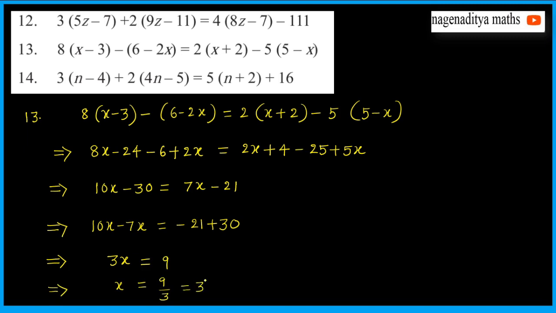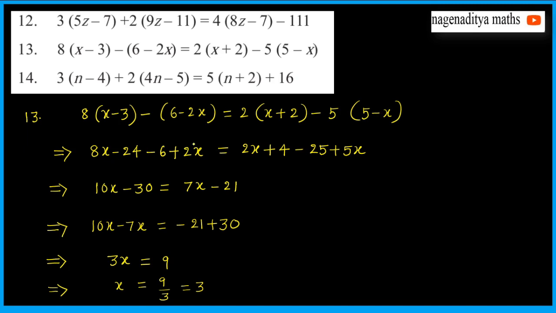Okay. So 8 times x minus 3 minus 6 minus 2x is equal to 2 times x plus 2 minus 5 times 5 minus x. So 8 into x, 8x, 8 3s are 24, minus 6, plus 2x, is equal to 2x, 2 2s are 4, minus 25, plus 5x.